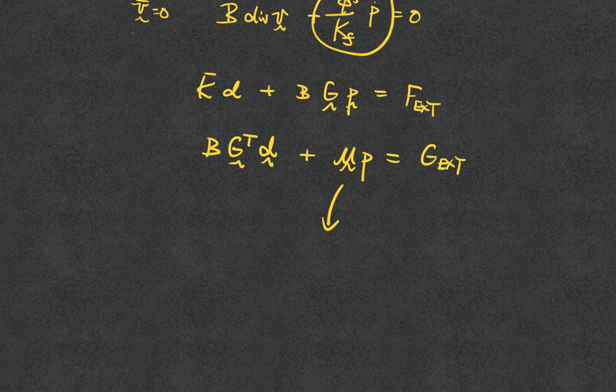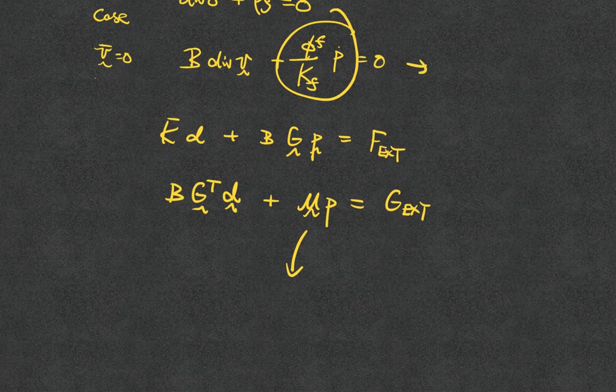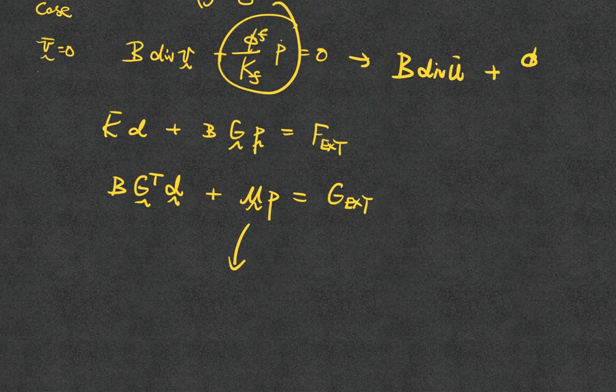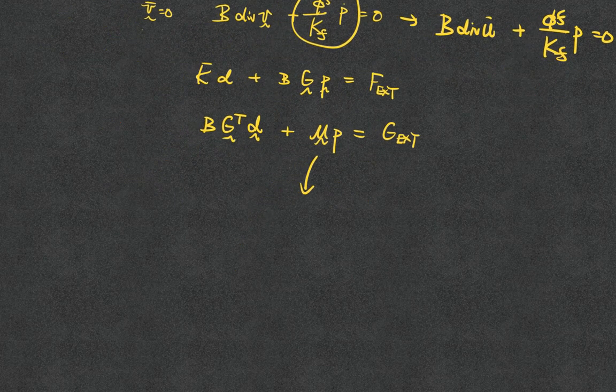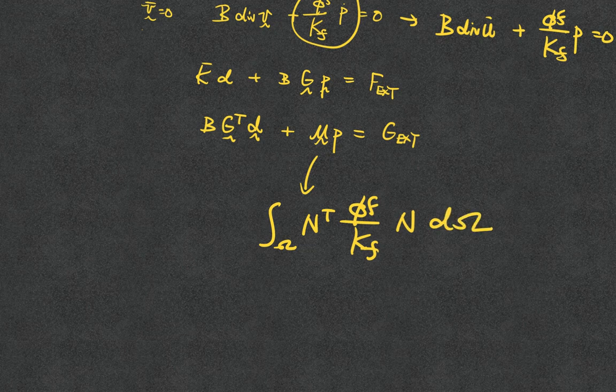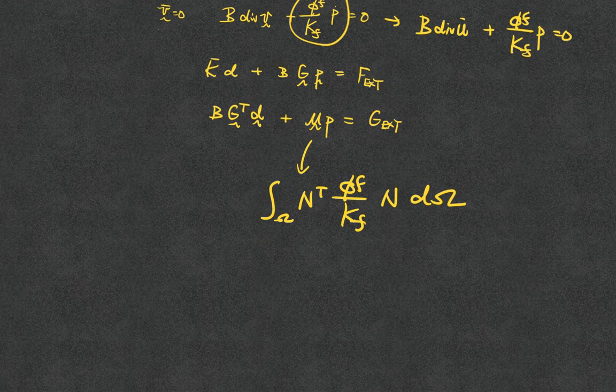And that would be coming from integrating this term, taking out the time, that would be B times the divergence of u plus rho f, Kf, p equal to 0. Okay, so what I would have is that this M term is simply the shape functions transpose times rho f, Kf times N, the integral of this. Okay, does that make sense?